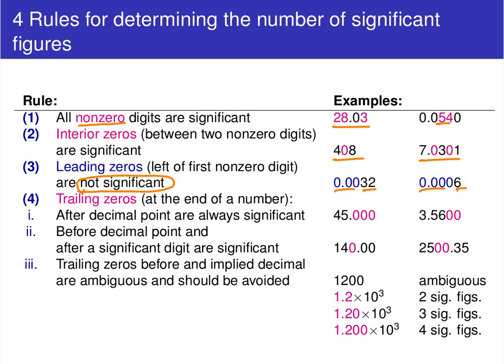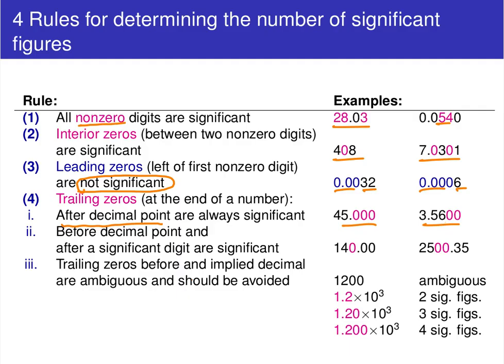Now the next rule is broken down into a couple of pieces. This is dealing with trailing zeros, so zeros at the end of a number. In order to determine whether they're significant or not, we need to look at the context. If those trailing zeros occur after a decimal point, then they are always significant.